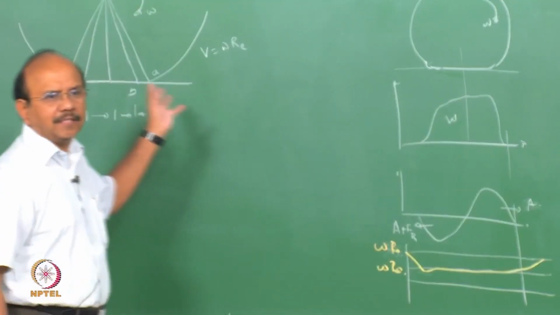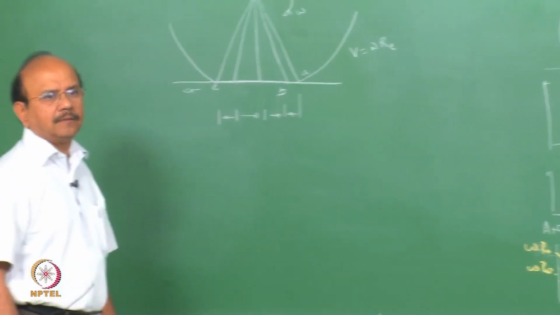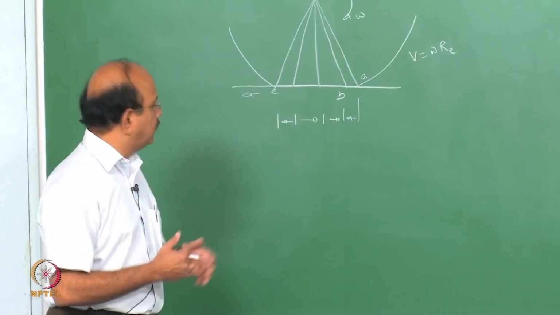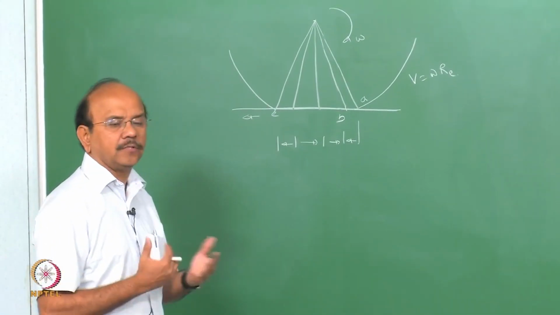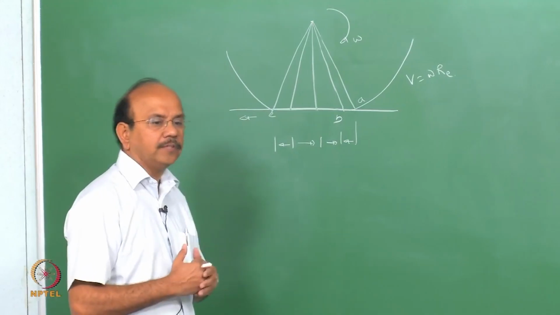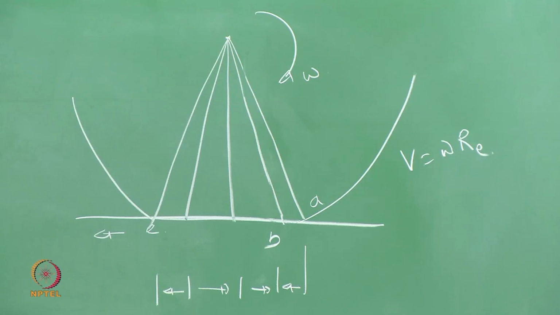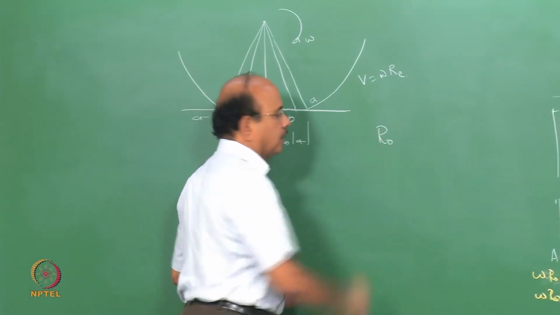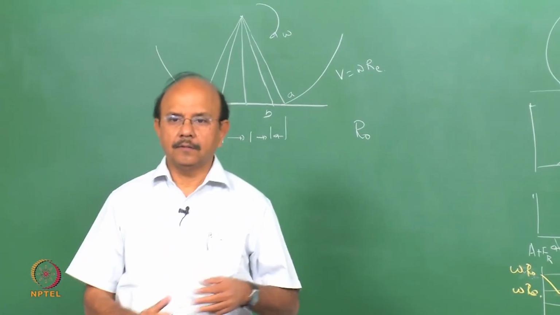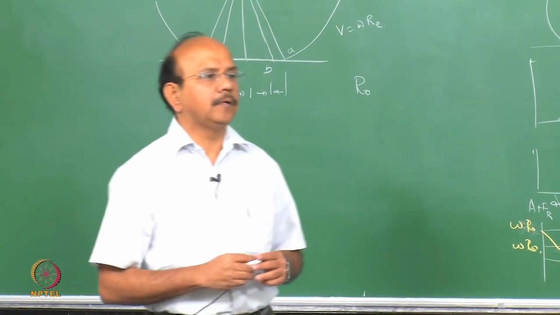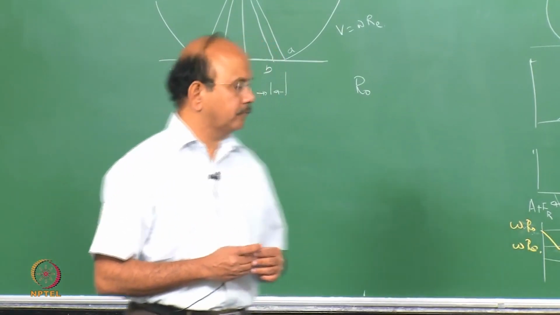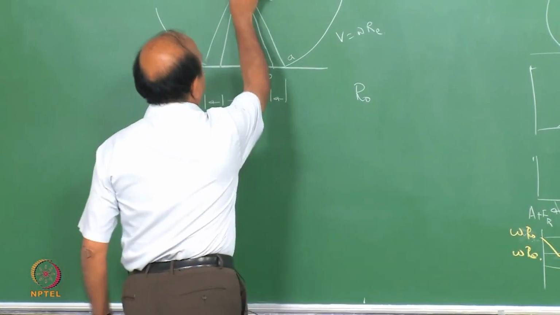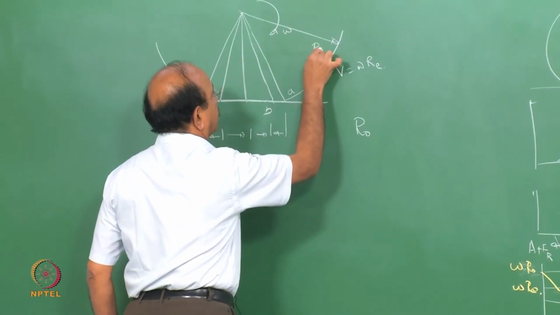We said that as the tire rolls, there are three different radii. One is the undeformed radius of the tire.